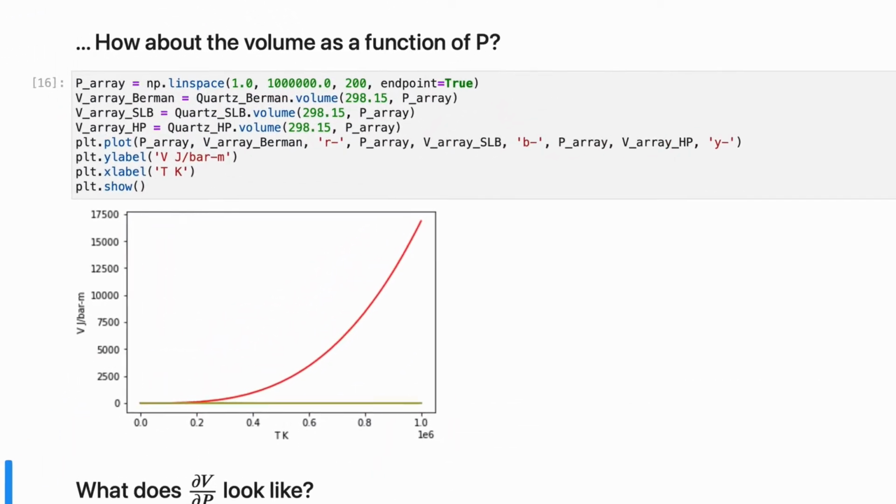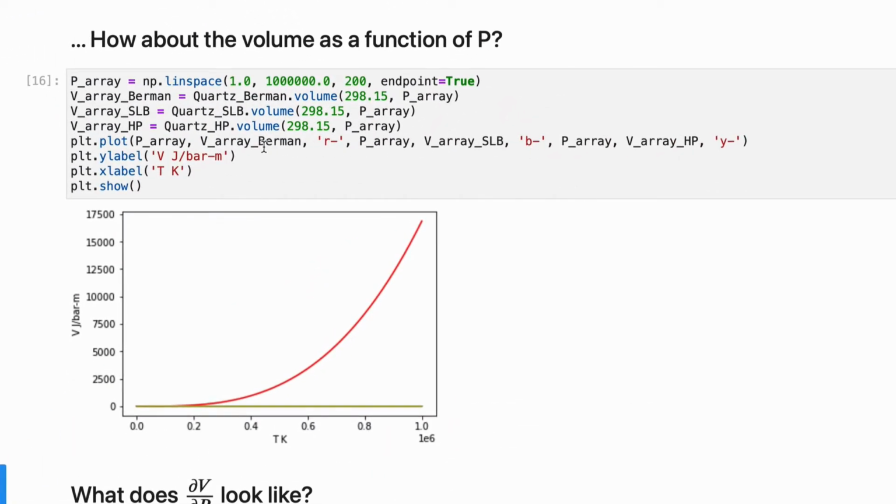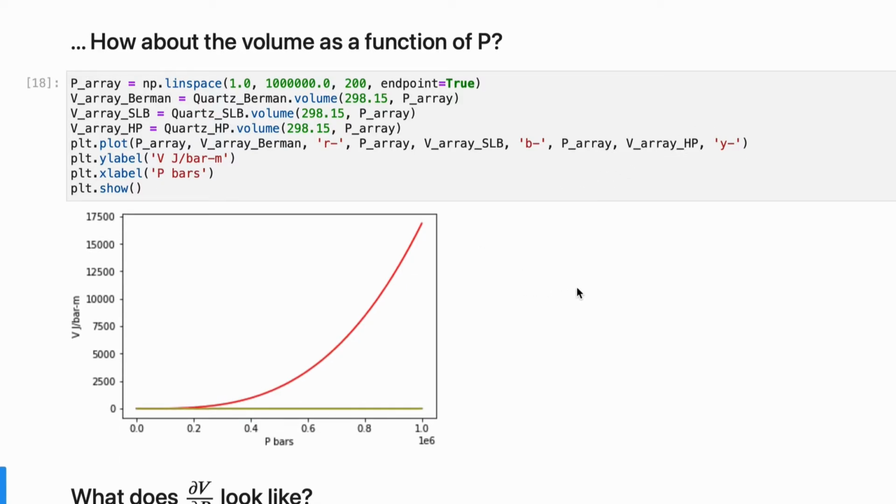Here, you see that the Berman properties, again retrieved and plotted in red, show very, very unusual volume behavior at high pressure. And that's because the Berman thermodynamic database is simply not designed to retrieve the properties of minerals at high pressure, particularly for pressures on the order of a gigapascal or so.